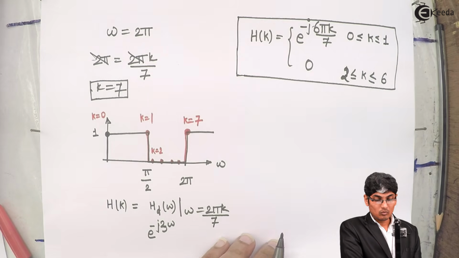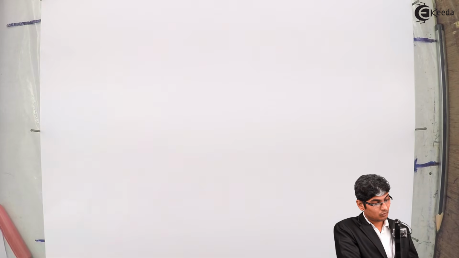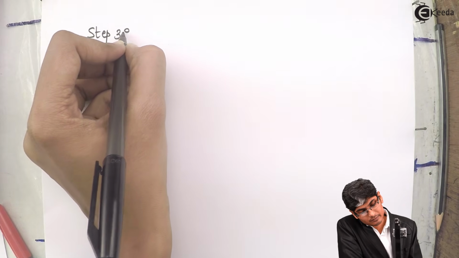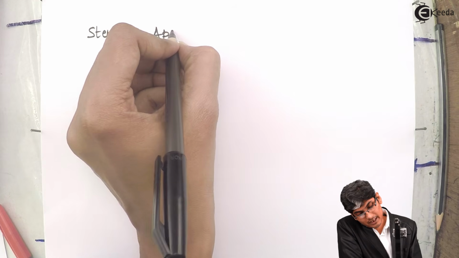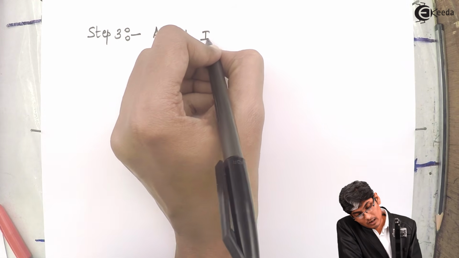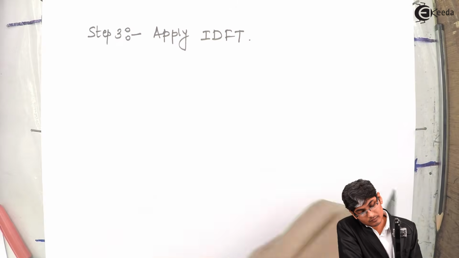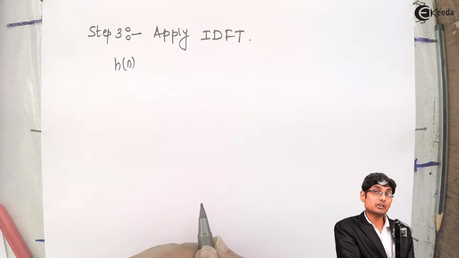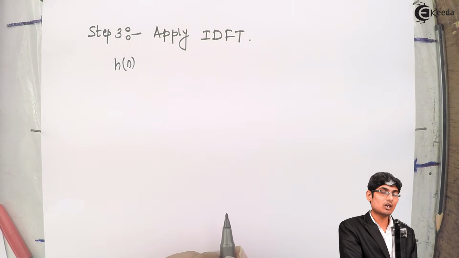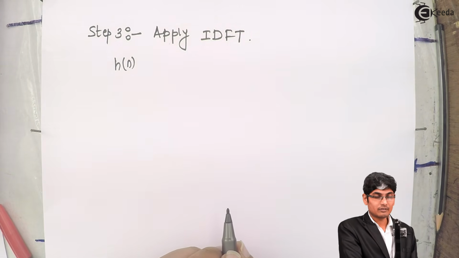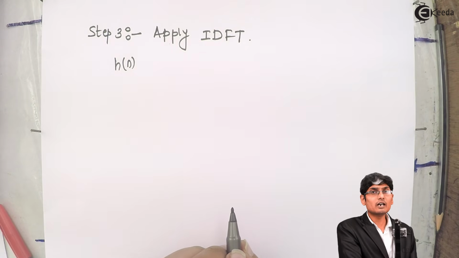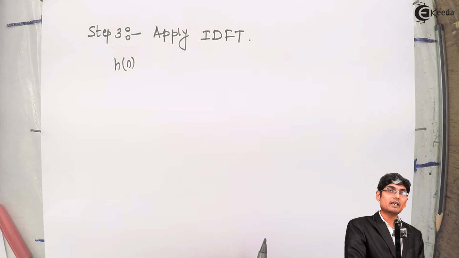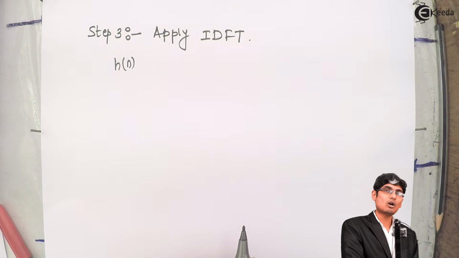Okay, now once I have received h of k, I have to apply the next step, step 3: apply IDFT. So IDFT with the special case, so that h of n will always be an even function, a real function. To do that, first I need to understand whether my order is even or odd.